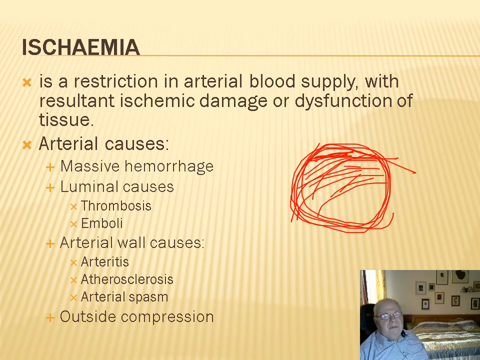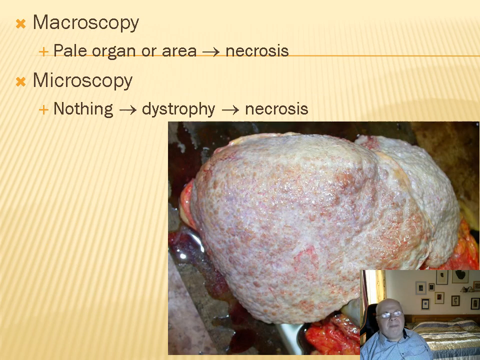All of them can produce obliteration, complete or partial obliteration of the lumina, and to generate ischemia. And as it was for the veins too, outside compression it's also possible to be involved. Much rarer than for vein, but it's still possible by usually a nearby tumoral process.